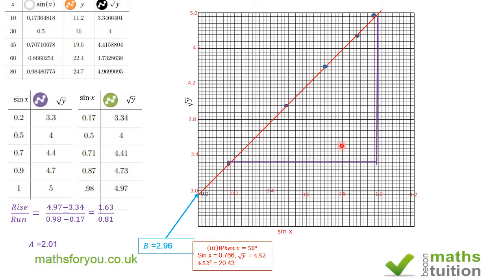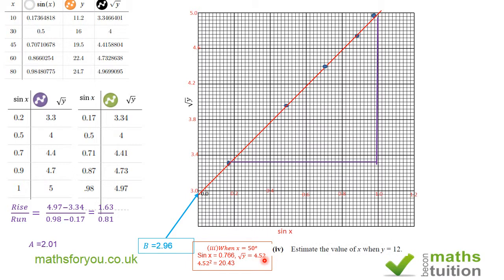When you project a point from there to your graph and then back to the y-axis, we have a root y value of 4.5. So root y is 4.5, and if you square that, you get 20.43. Working to one decimal place, our answer for y should be 20.4.